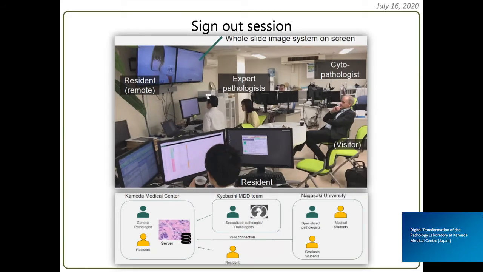For that, there are several people involved: expert pathologists, junior pathologists, and residents who are either on-site or joining remotely. And once again, using web communication, we can easily discuss cases, make a diagnosis, and teach our juniors with all the possible annotation tools and everything.